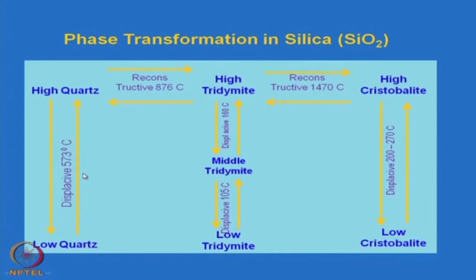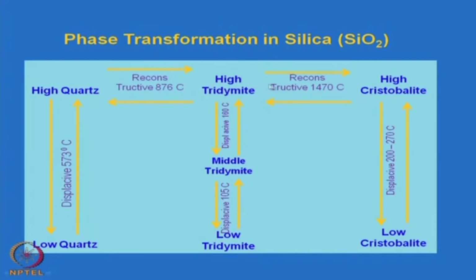There are different kinds of transformation in the whole gamut of phases: low alpha quartz, beta quartz, then that beta quartz goes to high tridymite. High tridymite is another name for the same chemical composition, SiO2, but with a different structure.